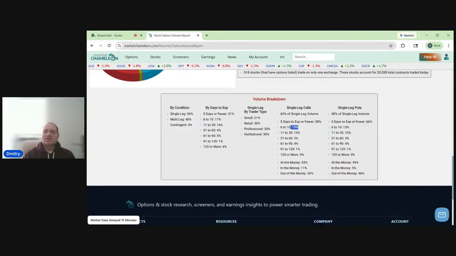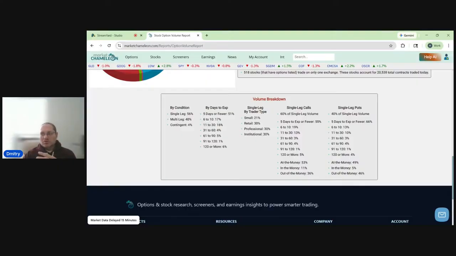And this is the breakdown by calls and puts for each expiration. We also see, if we go down here, what strikes traders preferred to trade relative to where the stock is.